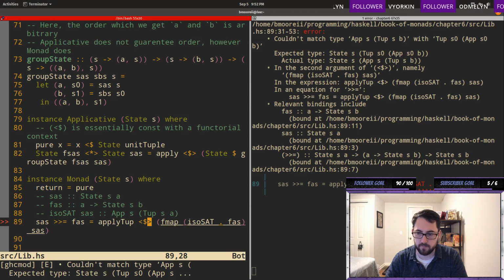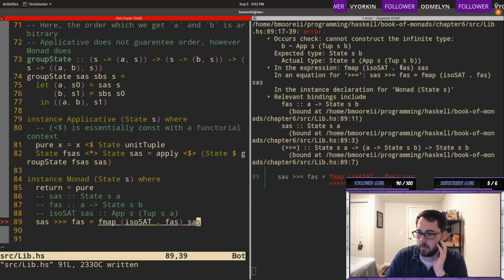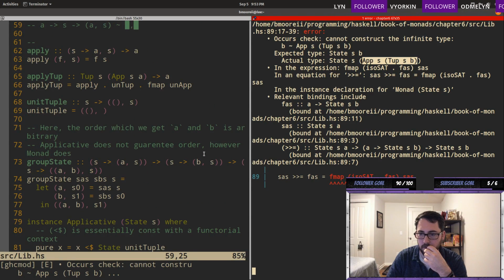Right. So the shape is actually backwards. Let me look at this again. So applies shape is the other way around. Why did we do it that way? Fmap.